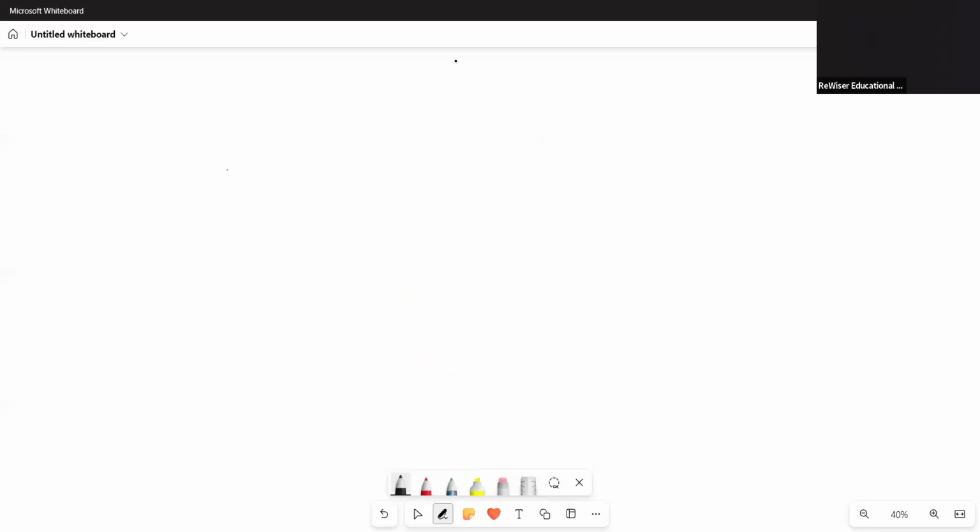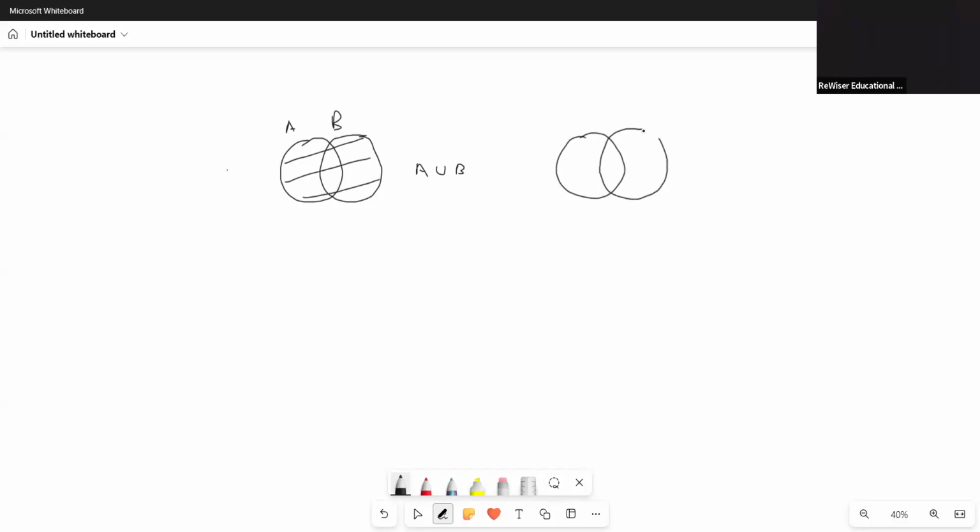If I go by the Venn diagram process, if these are two events A and B, and if I cover up the whole area, that's called A union B. Again, if I have two sets A and B, or two events A and B, the common area is denoted as A intersection B. So we need to know that union is the total and intersection is the common part.